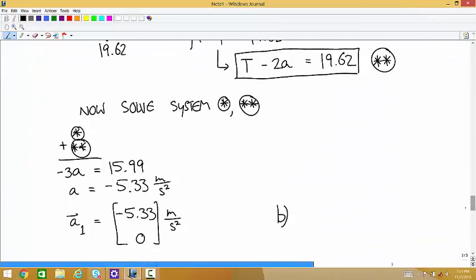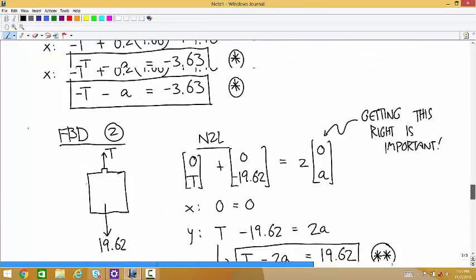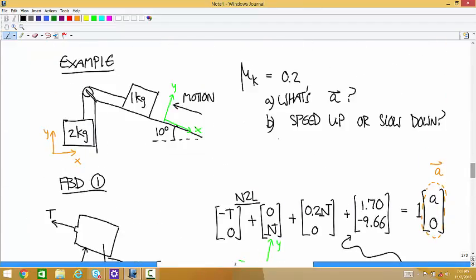Okay, so now the next question is, is this block speeding up or slowing down? Well, we have it moving in the negative x direction. The acceleration is in the negative x direction. The motion was in the negative x direction, so this is speeding up.